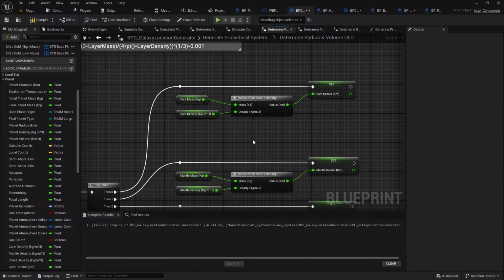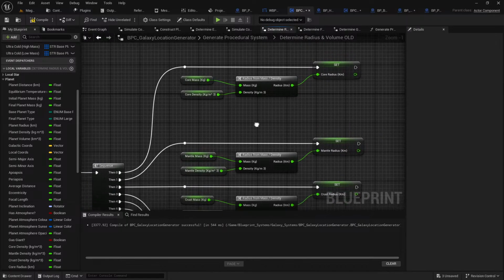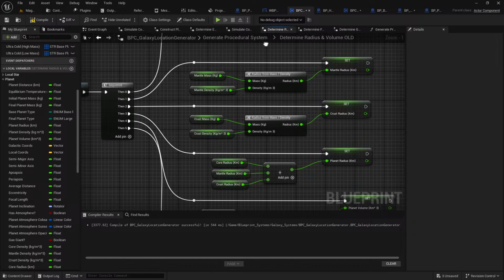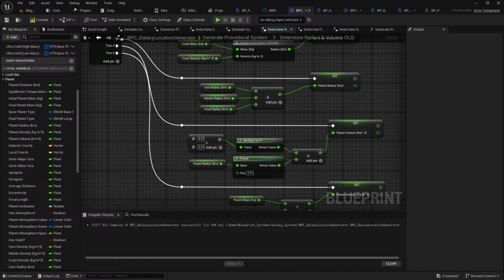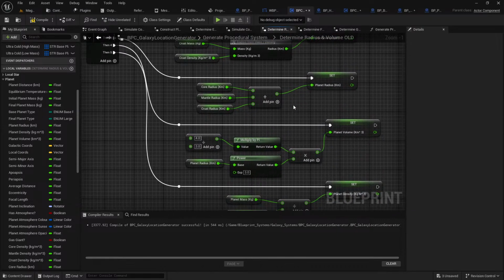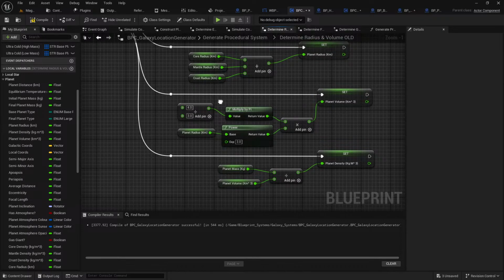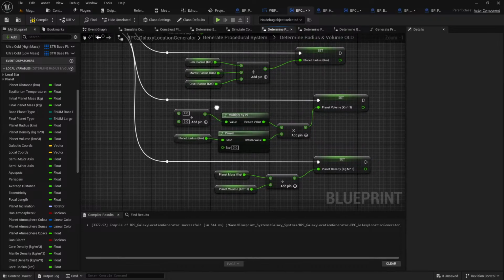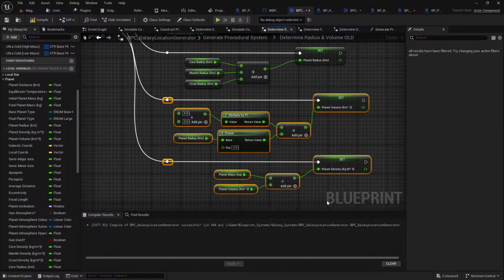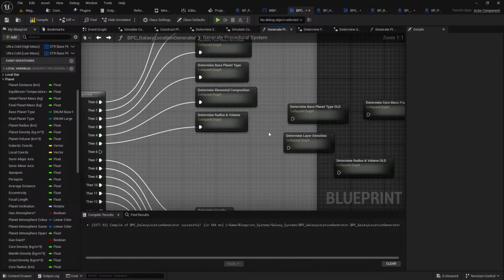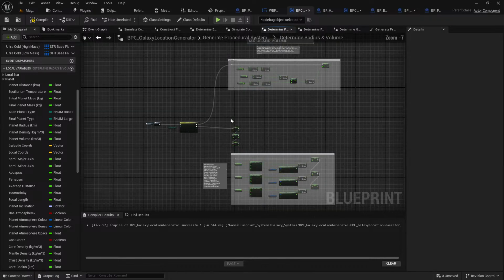Right, so borrow these two here, because we're going to have to change the order in which we're doing things now.